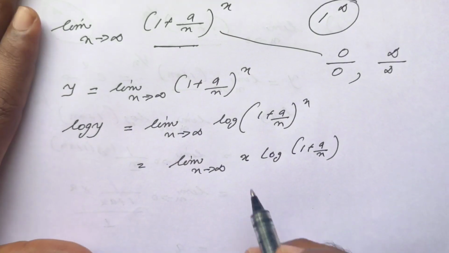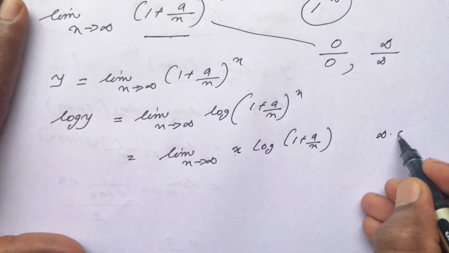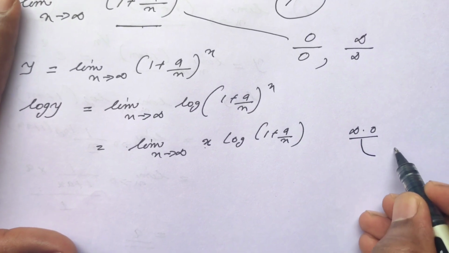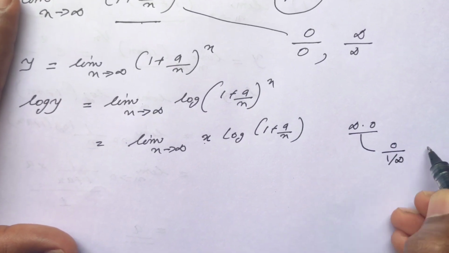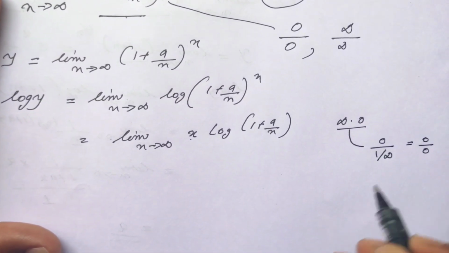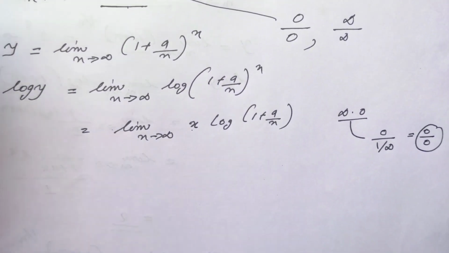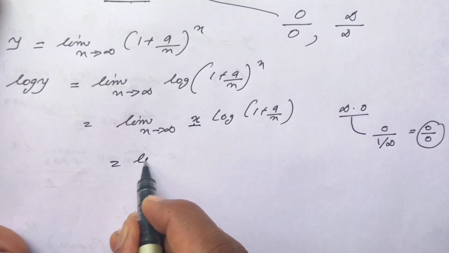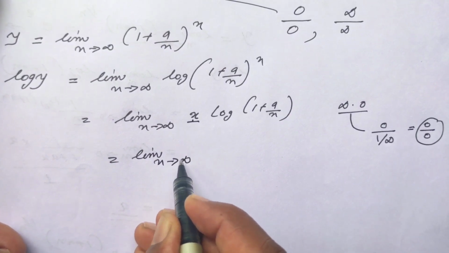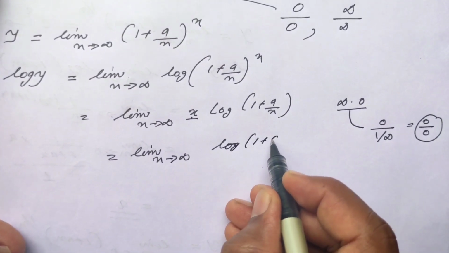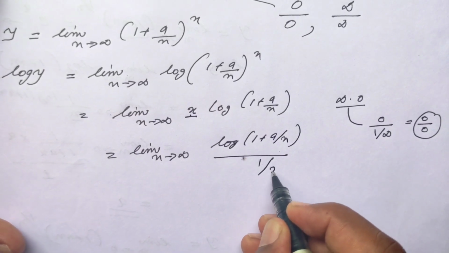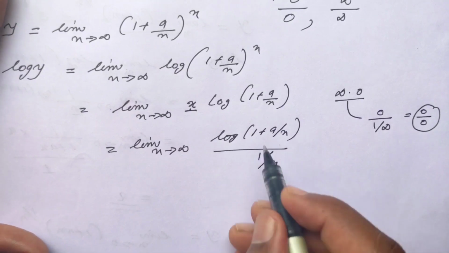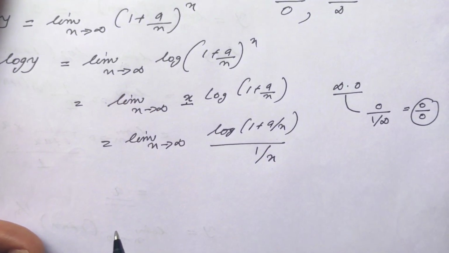It is in the form infinity into 0, but we can convert it as infinity divided by 1 by infinity, that is a 0 divided by 0 form, and we are eligible to apply L'Hospital rule here. So we should make the term x the denominator, that is it will become limit x tends to infinity, log of (1 plus a divided by x) divided by 1 by x. Now it will become a 0 by 0 form, so we are eligible to apply L'Hospital rule here.